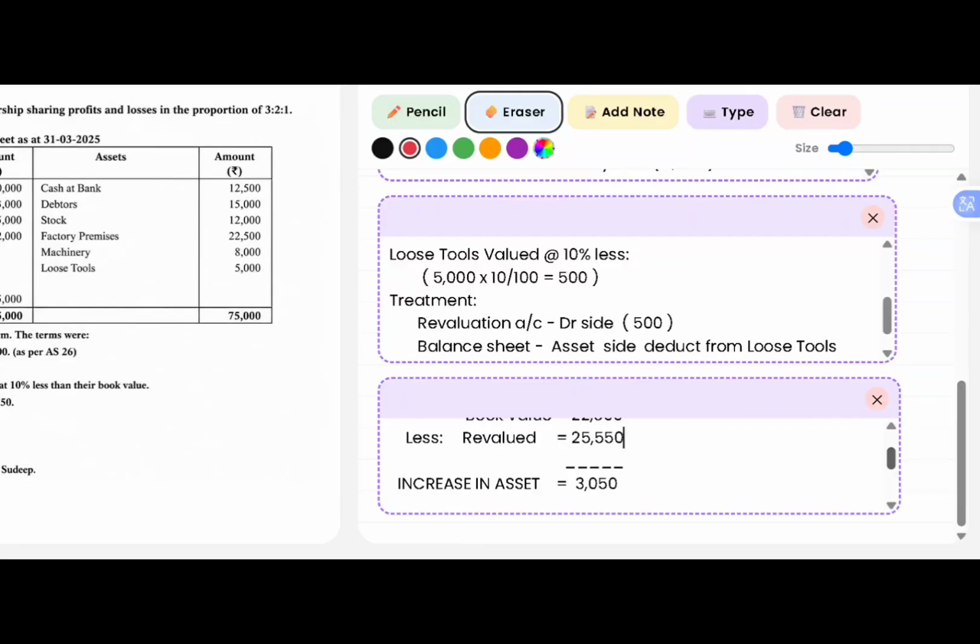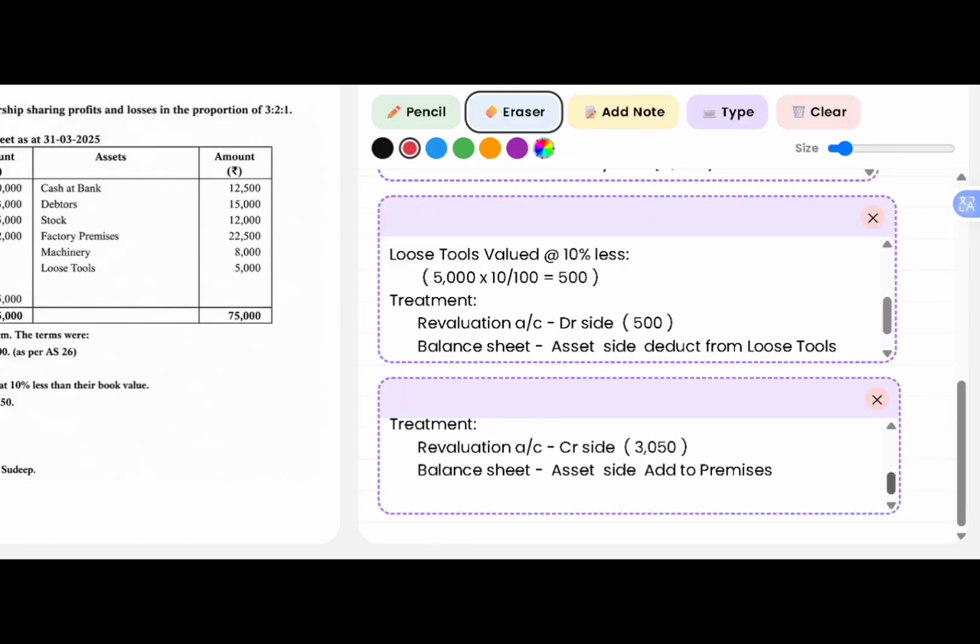It will appear on the credit side of the revaluation account as 3,050, and in the balance sheet we have to add it to the premises, or we can write the revalued amount, that is 25,550, on the asset side of the balance sheet. So this is with regard to the adjustments and their treatment.